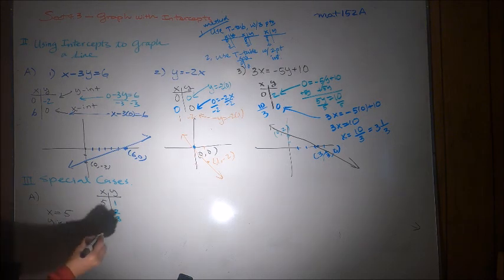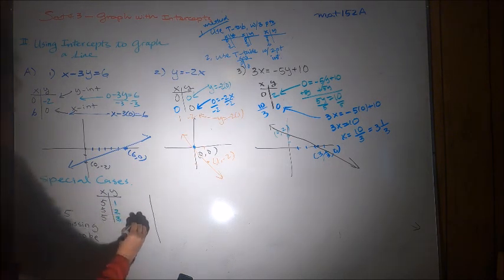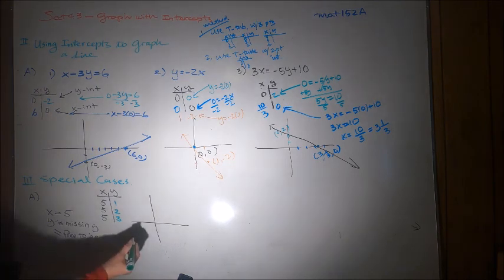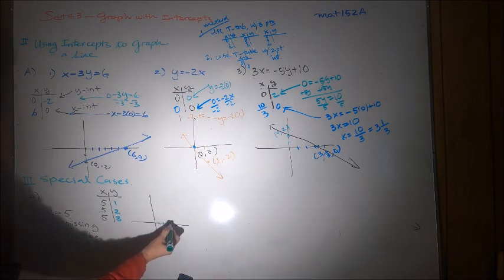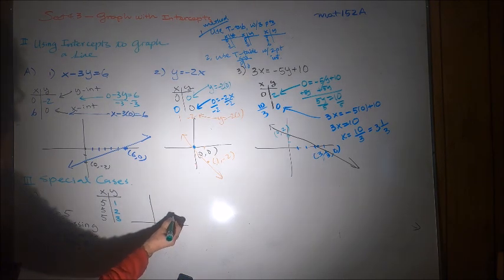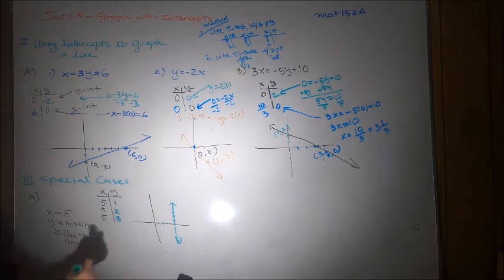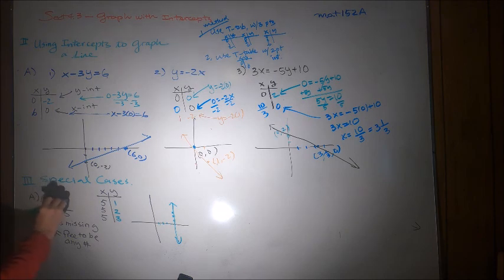Okay. So if we graph this one, how does it look like? So we have what? 1, 1, 2, 3, 4, 5. (5, 1), (5, 2), (5, 3), right? So what kind of line do we have? We have a vertical line. Is that right?